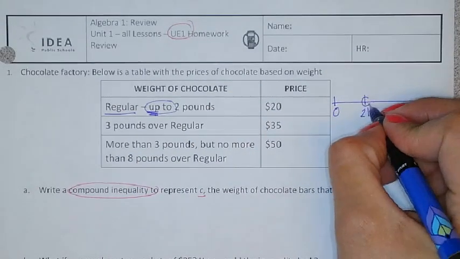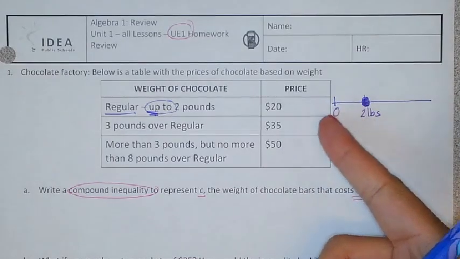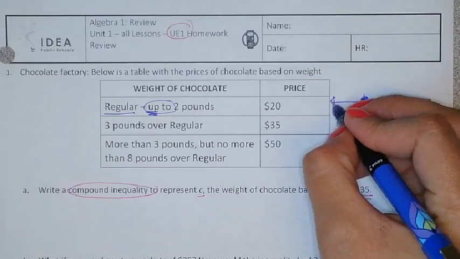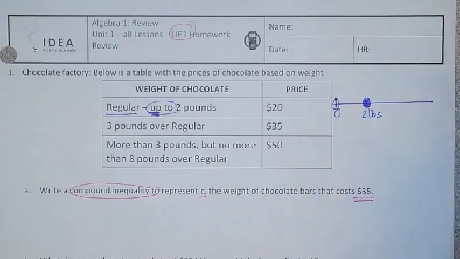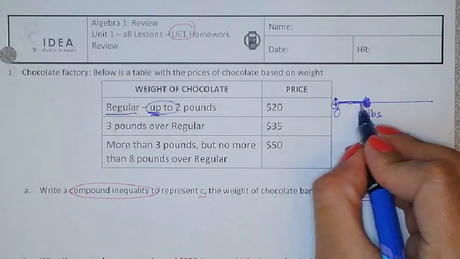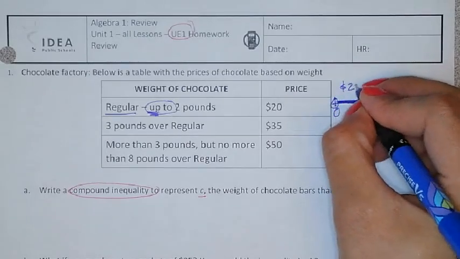So over here would be a closed circle. Okay, so if I buy 0 to 2 pounds, I'm paying $20. At the 0, I'll have an open circle here because obviously you're not going to buy 0 pounds of chocolate, right? So from there, all the values in between, from 0 to 2, are going to cost me $20.